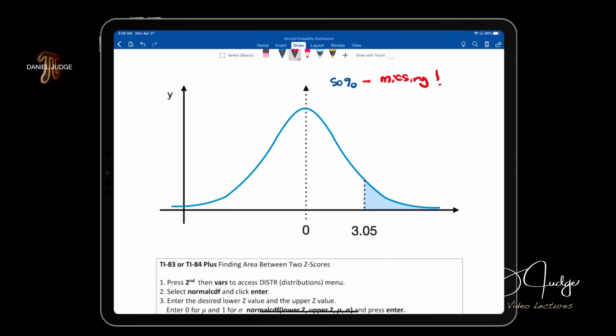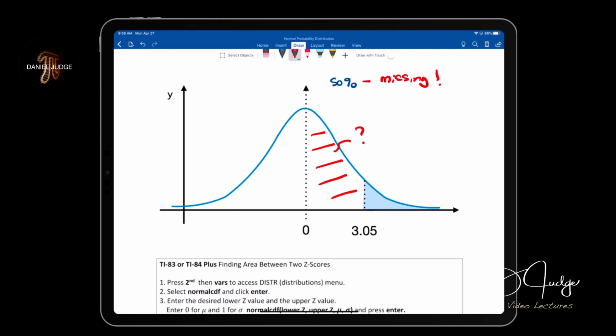This right tail goes on forever. But we start with 50%, and we always throw out what's missing. The only problem is we don't know what's missing. This is what we have to find.